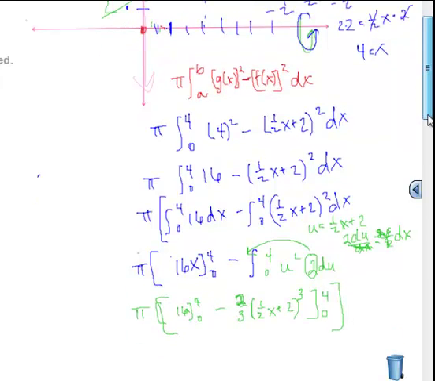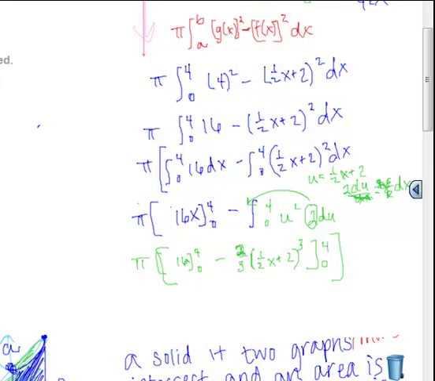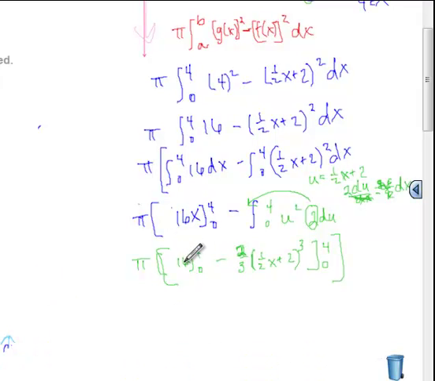Okay, so now fundamental theorem all the way. Alright, so I'm going to plug in, this is a 16x, sorry I had to scribble that in. So we had a 16 times 4 minus 16 times 0. That's that first little piece. Okay, and all of this, don't forget your pi is still out here. Minus, and you're going to plug in your 4.